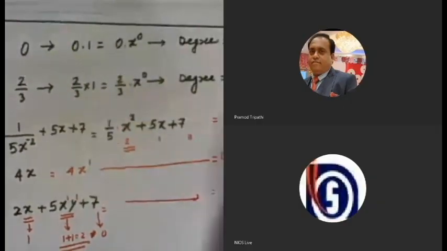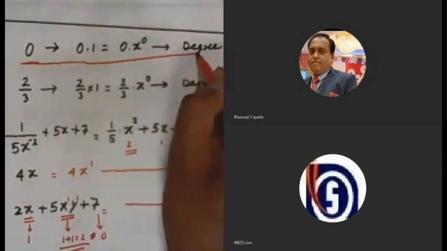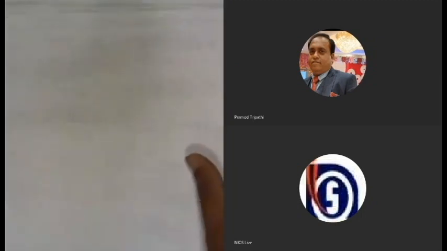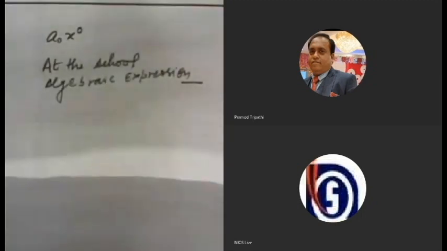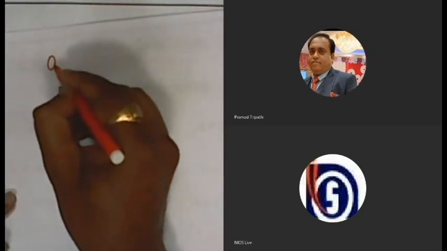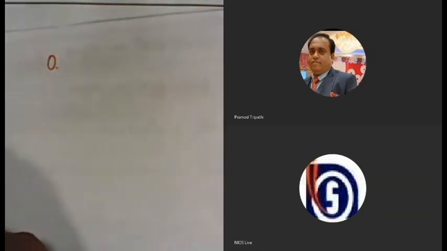Now, in this case, I took a very simple example to explain. 0 is a polynomial when any polynomial has a constant number, a real number, as 0.